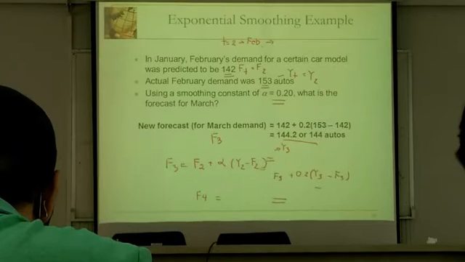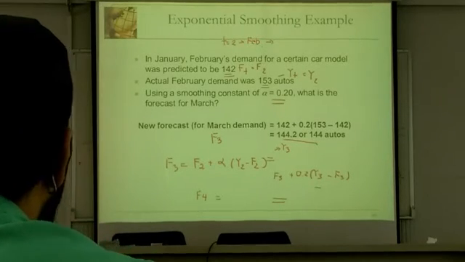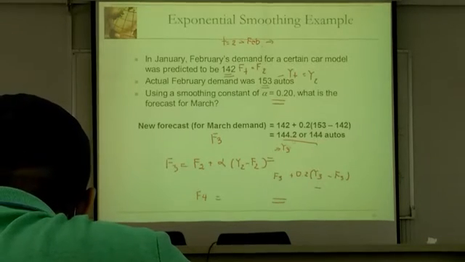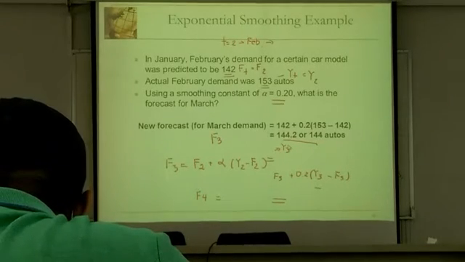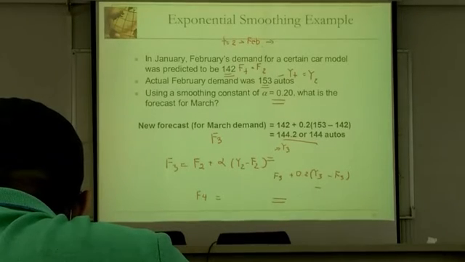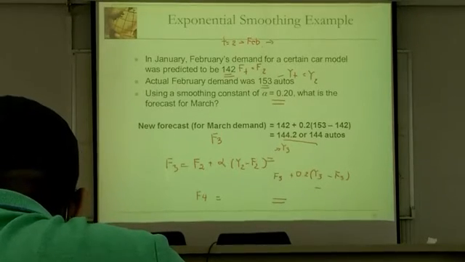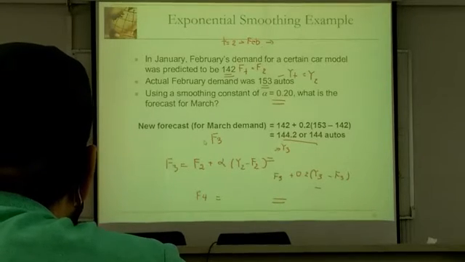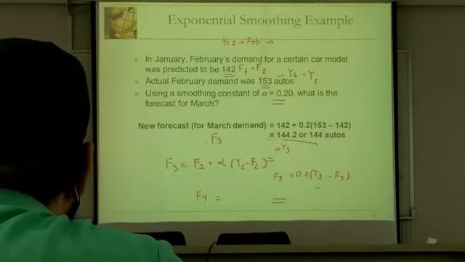Use alpha equals 0.2, then the forecast for March is going to be equal to 142, which is F2, plus 0.2, which is alpha, multiplied by Y2, 153, subtract F2, which is 142.